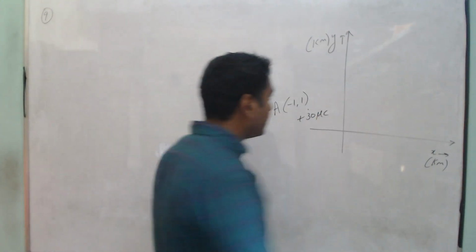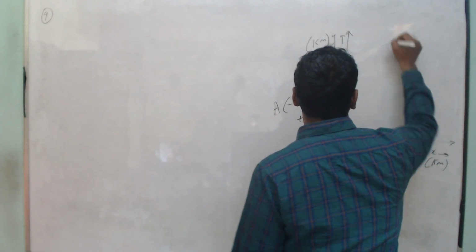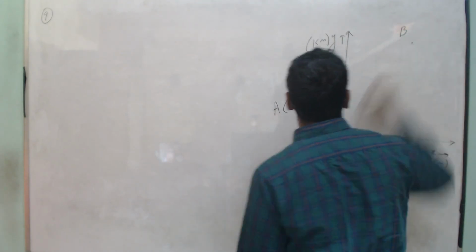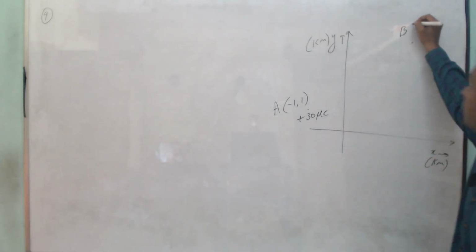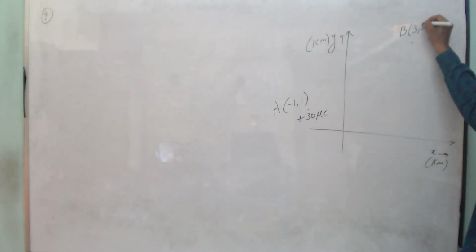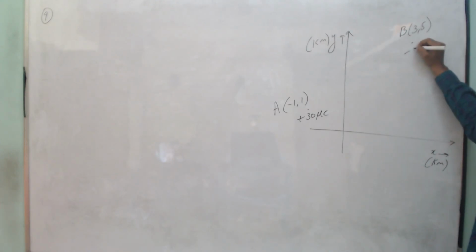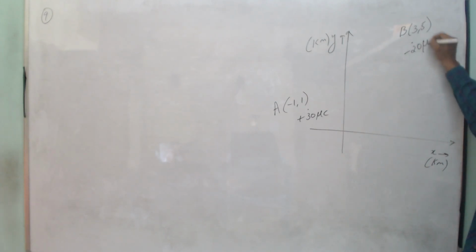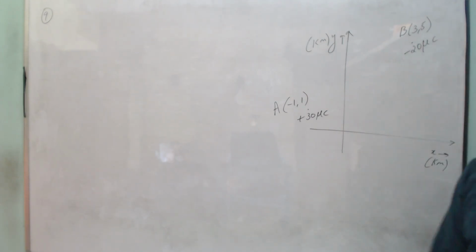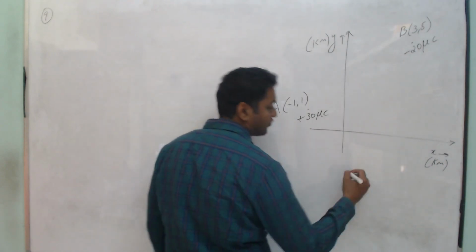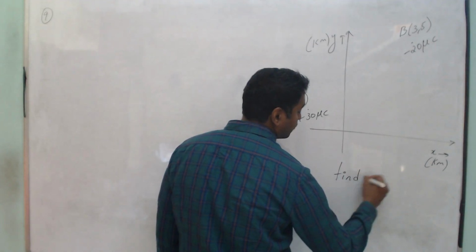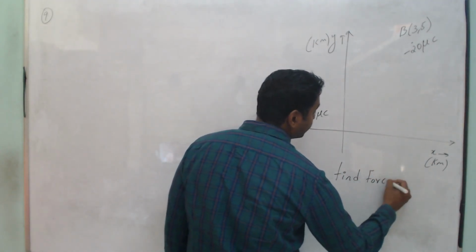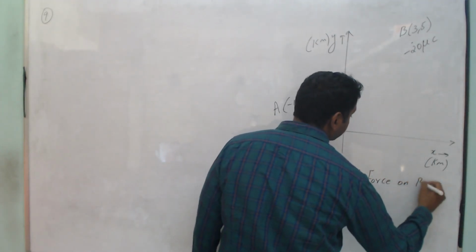Then I have another point B whose coordinate is 3, 5, and it has a negative charge of 20 microcoulomb. Question is, find force on B due to A.